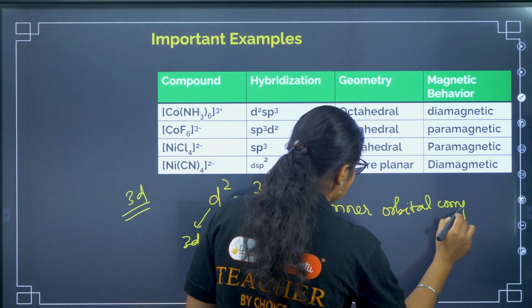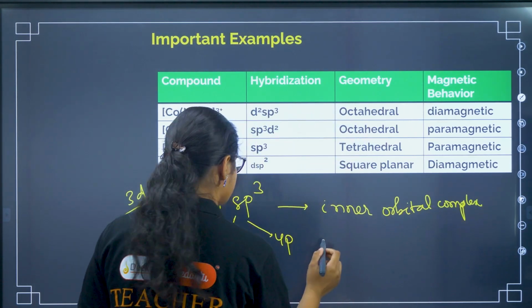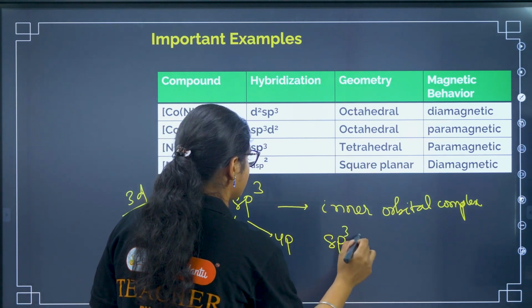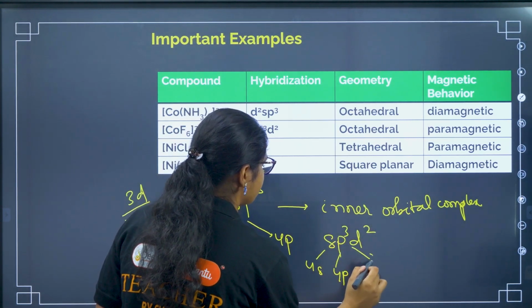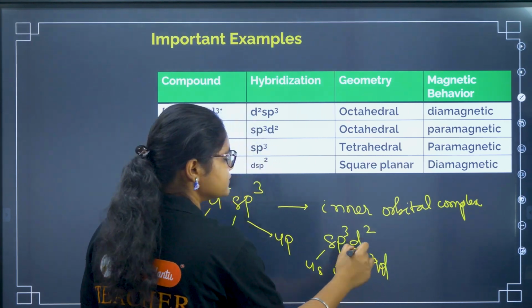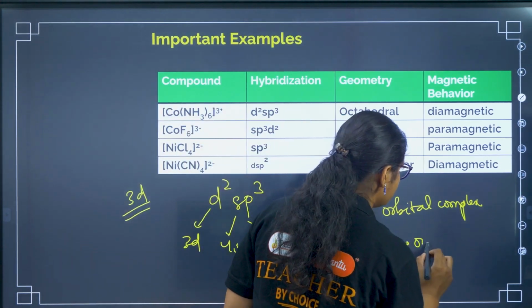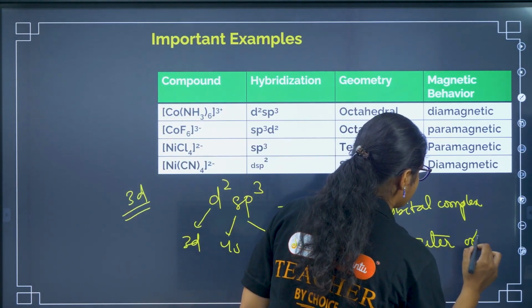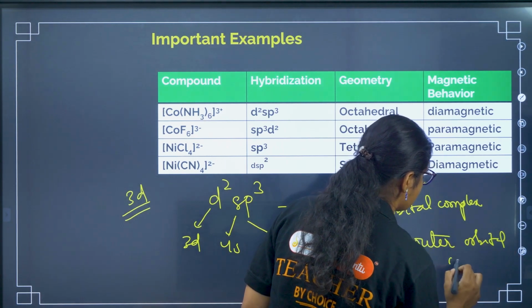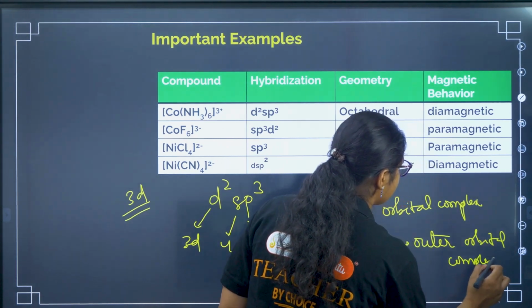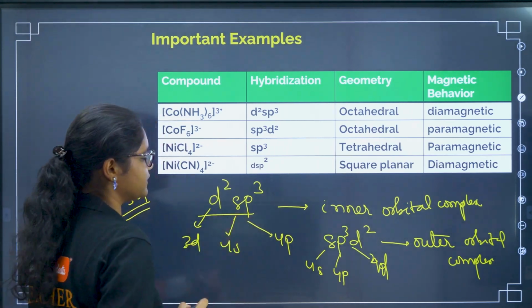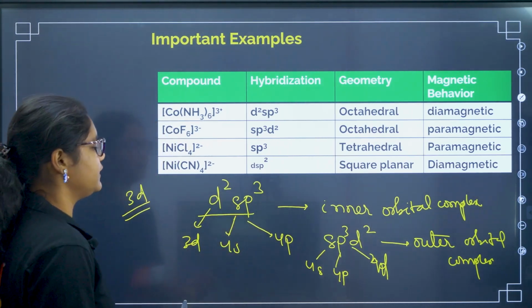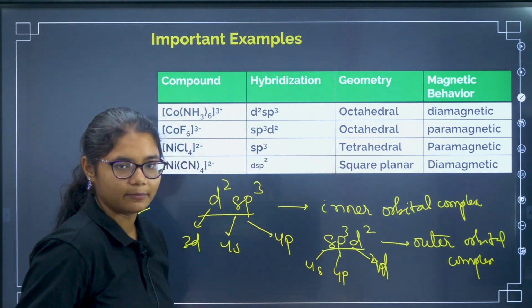Now, if we have sp3d2, then it is 4s, 4p and 4d. So when we are using the outer d orbital, we will call it an outer orbital complex. Generally, if the ligand is a strong ligand, then we will get d2sp3 hybridization. If it is a weak field ligand, we will get sp3d2 hybridization.